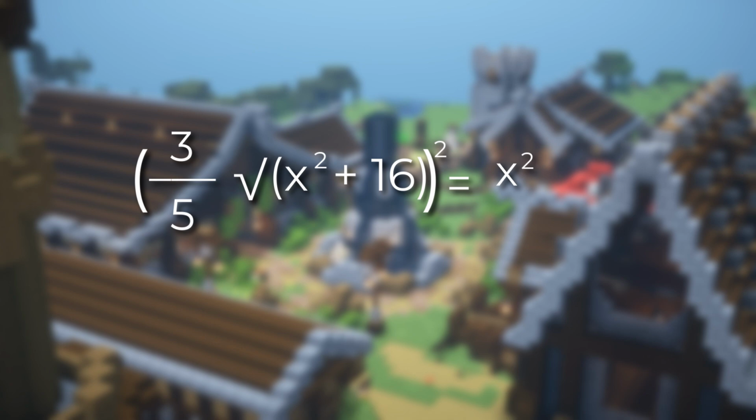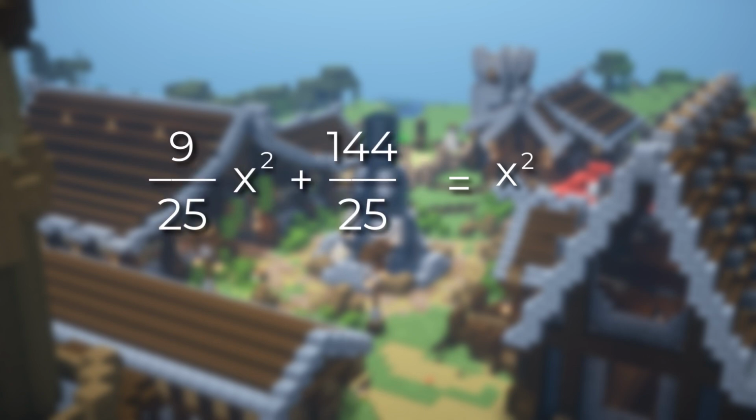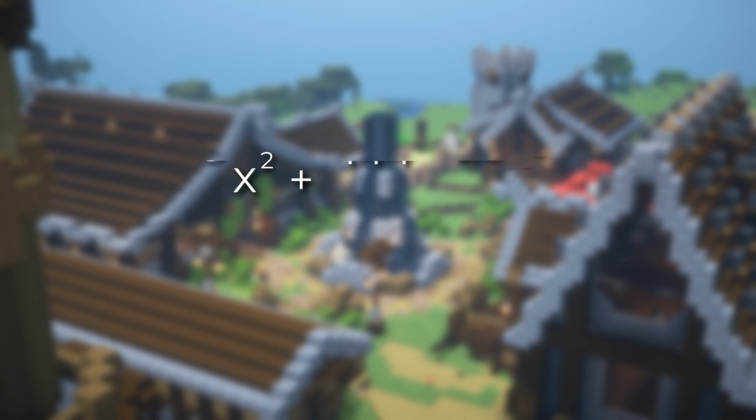X becomes x squared, and the other side becomes 9 divided by 25 times x squared plus 16. We then distribute 9 divided by 25, and we get 9 divided by 25 x squared plus 144 divided by 25. To simplify this, I'm going to multiply both sides by 25, and so now we have 25x squared equals 9x squared plus 144.